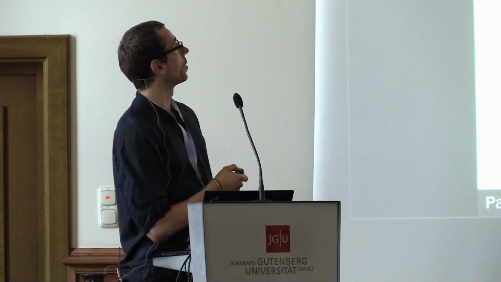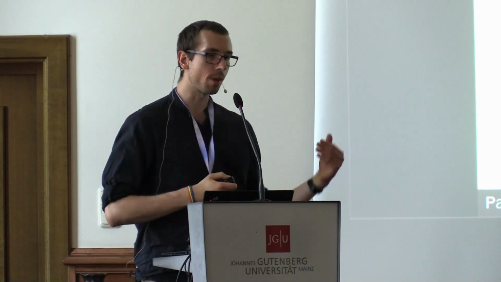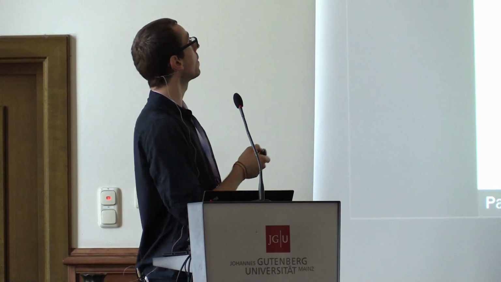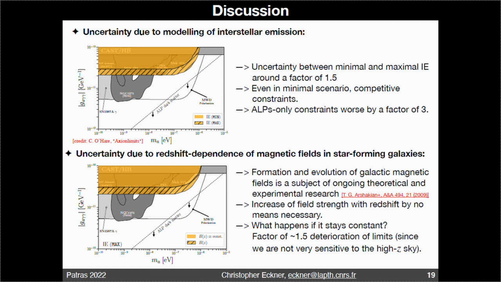To do this more quantitatively and to show you the evolution with axion-like particle mass, this is the plot that we derived in this case. So the upper panel shows you the uncertainty due to the interstellar emission with this minimal and maximal emission scenario, and the variation you induce here is about a factor of 1.5.